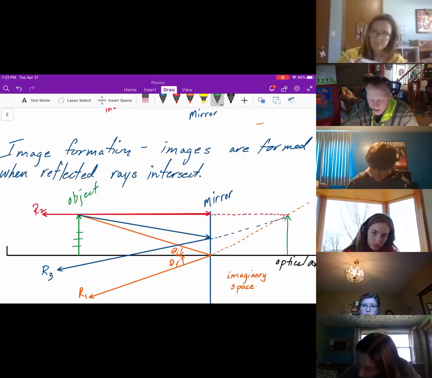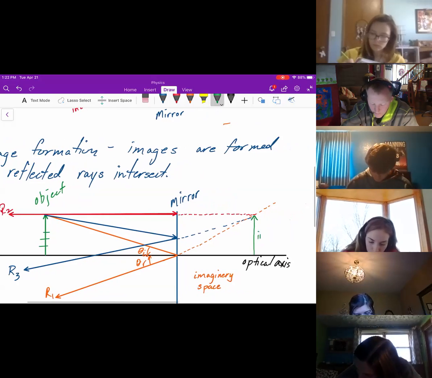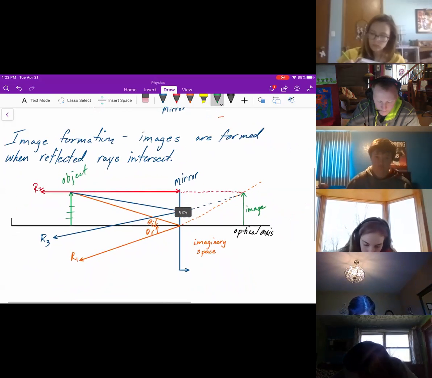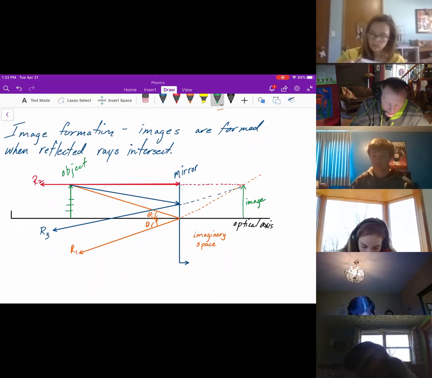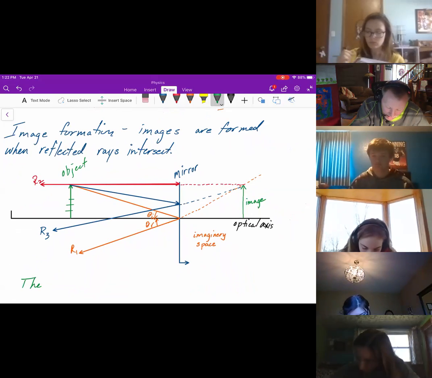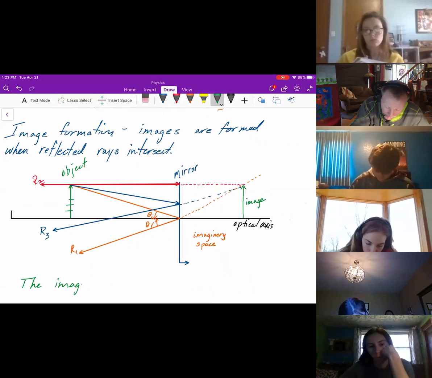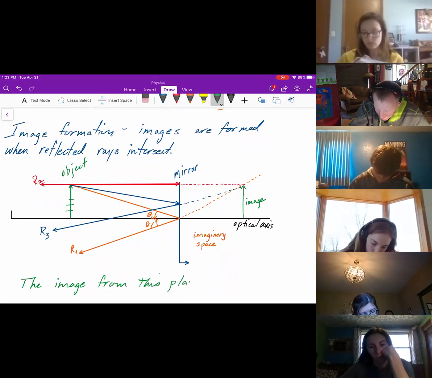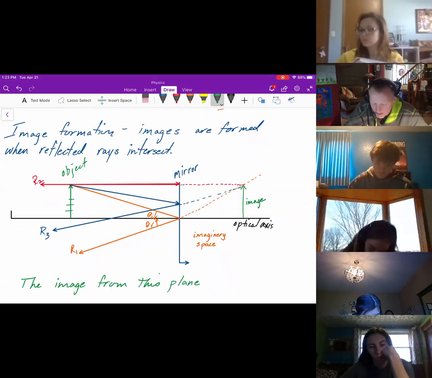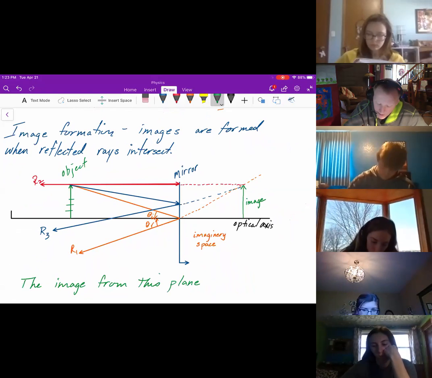There is our image. So importantly, the image from this mirror, and in fact, all plane mirrors, plane meaning flat, not ordinary.